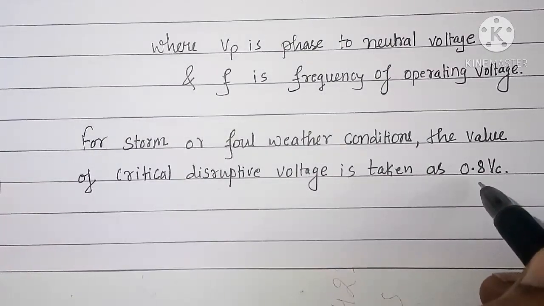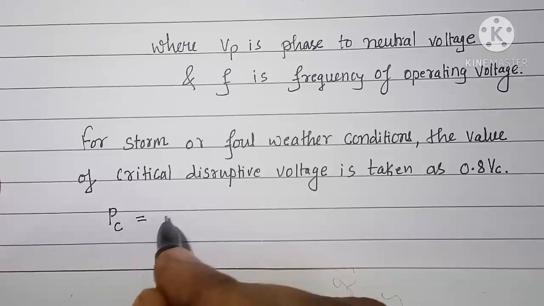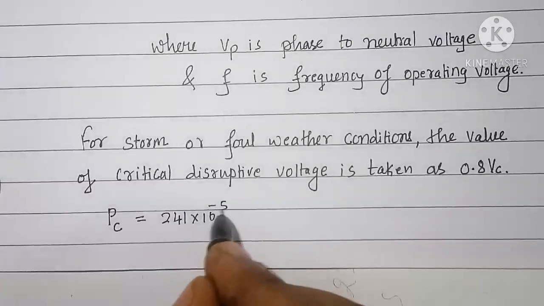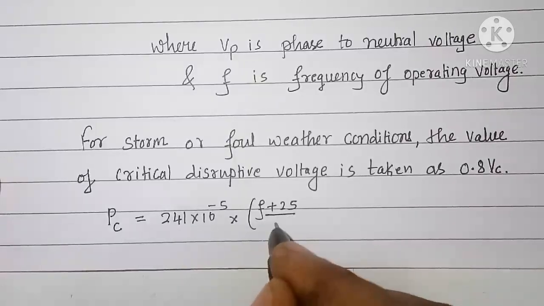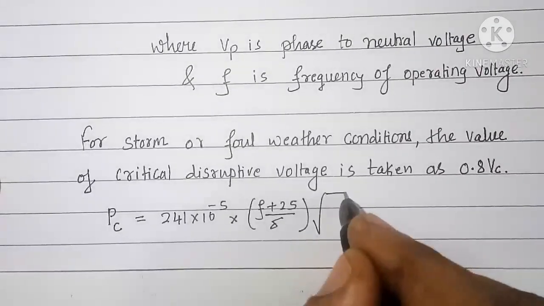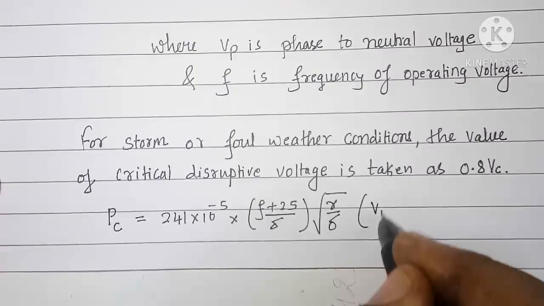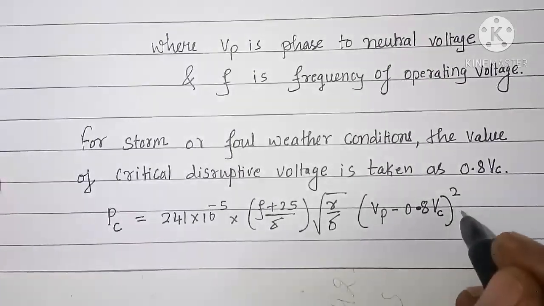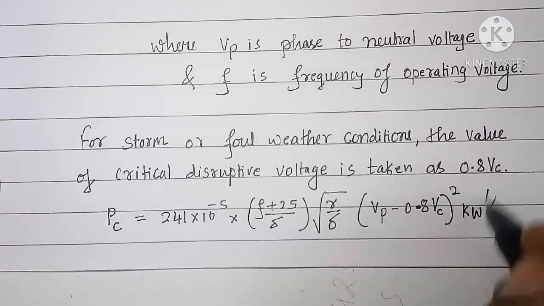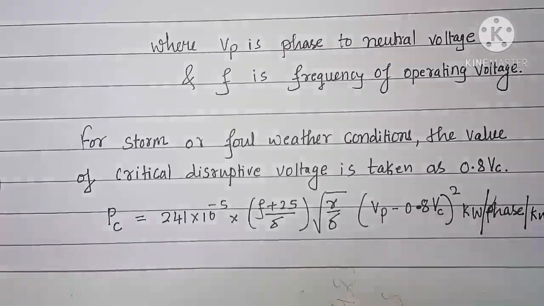So with this value of visual critical disruptive voltage, the formula for corona loss becomes 241 into 10 raised to minus 5 into (f plus 25) divided by delta into under root r by delta into (Vp minus 0.8 Vc) square, kilowatt per phase per kilometer.